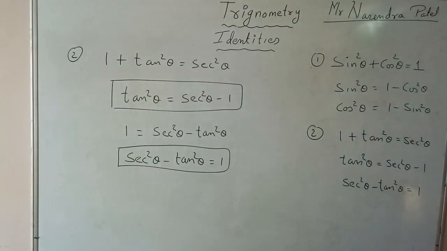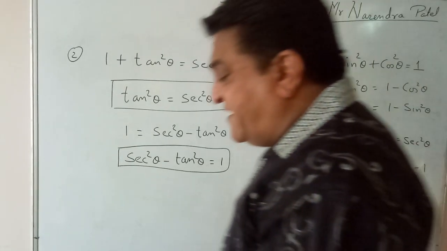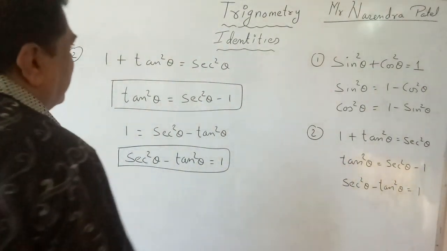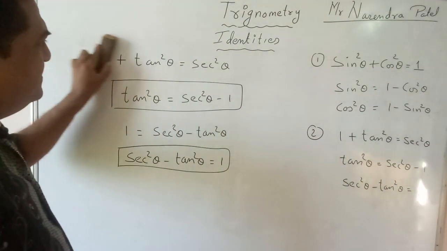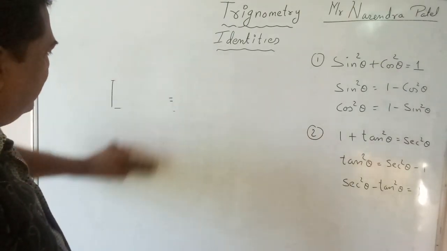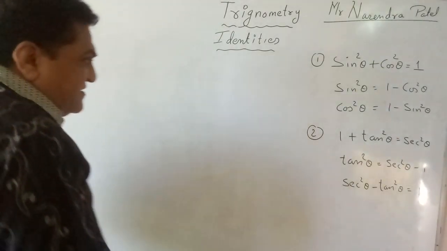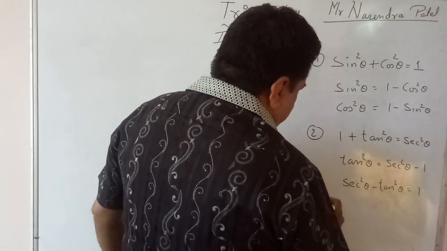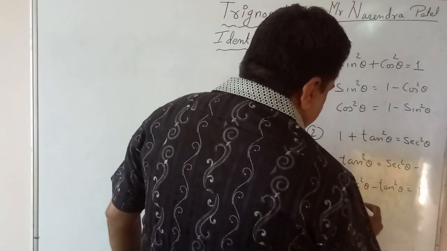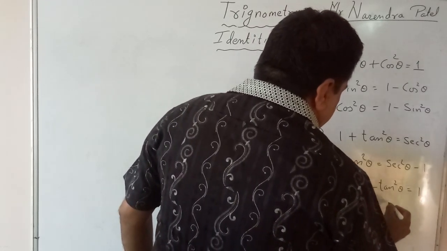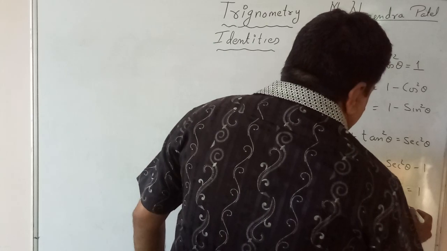I think you have understood how to get the second identity from the first, dividing by cos square theta, you will get this. Similarly, let me go on to the third identity. It is the same as the second identity. So, see the third identity, that is 1 plus cot square theta is equal to cosec square theta.